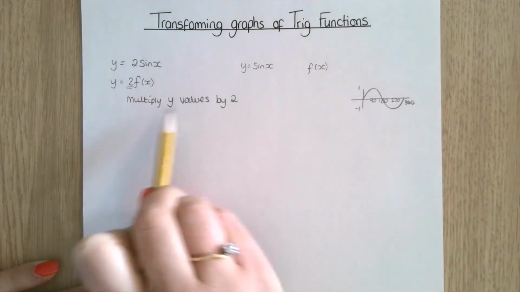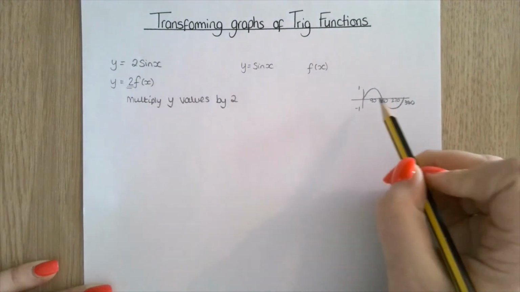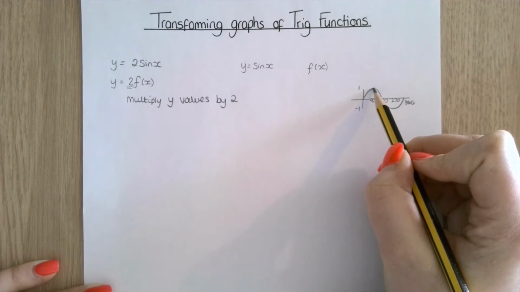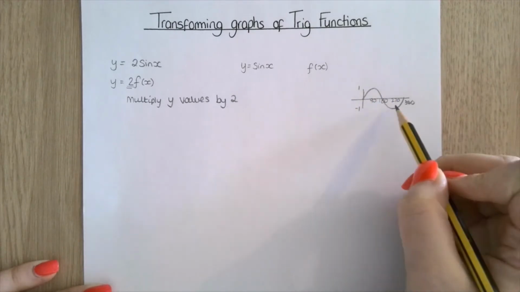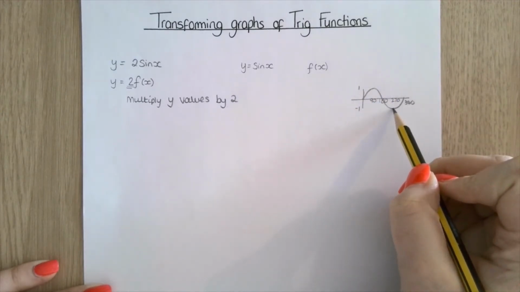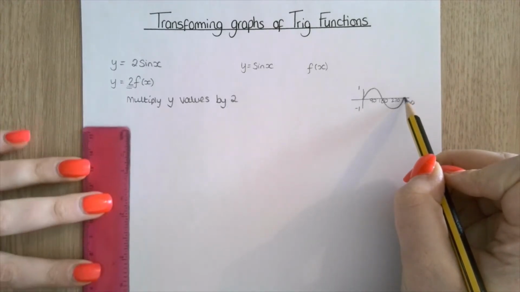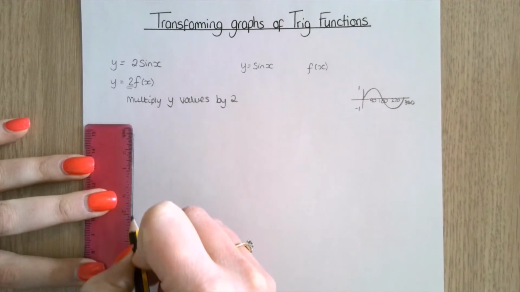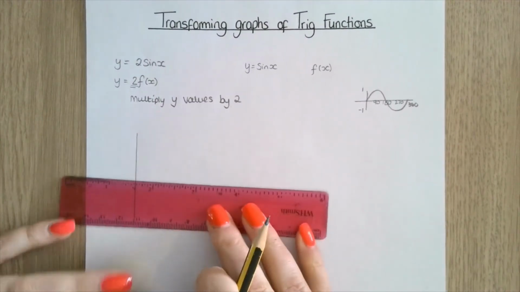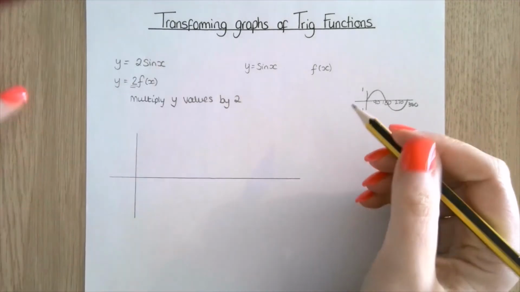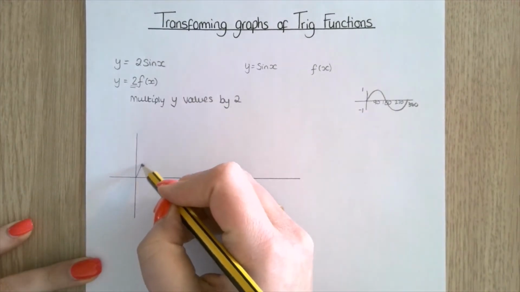So when I multiply my y values by 2, 0 is going to stay 0. 1 will actually become 2, 0 stays as 0, -1 becomes -2, and 0 stays as 0. So my sketch is going to look like this.